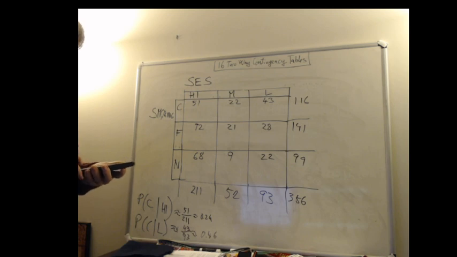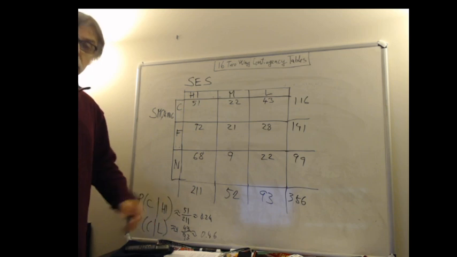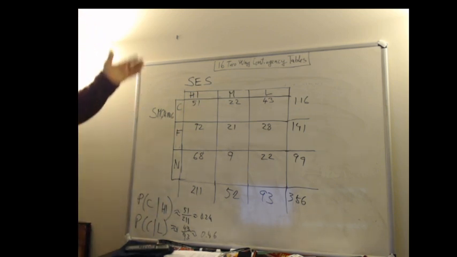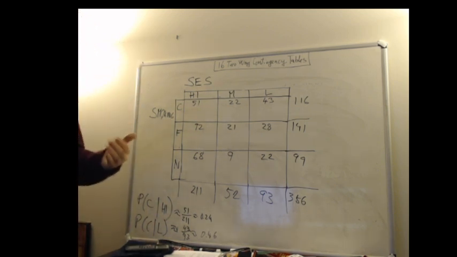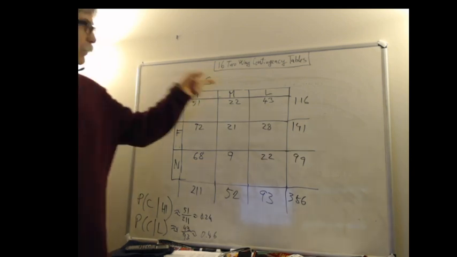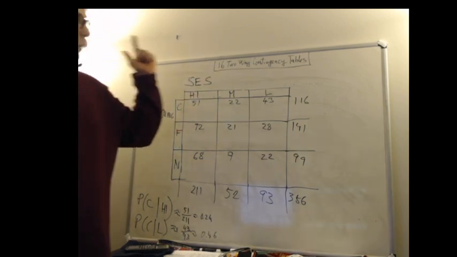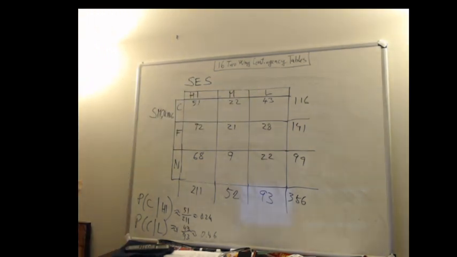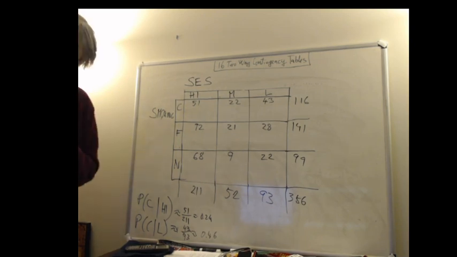That will be 33%, a third. So, if there is no relation between the smoking and socioeconomic status, I should have a third of the high income level smoking, a third of middle income level smoking, and a third of low income level smoking. Right? That would be the expected value.